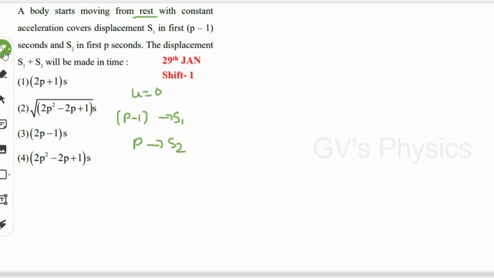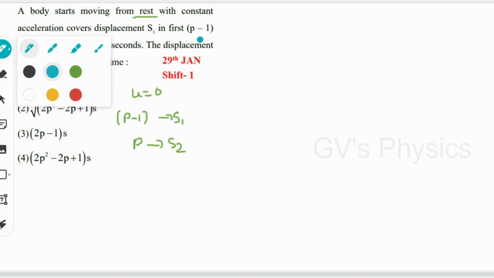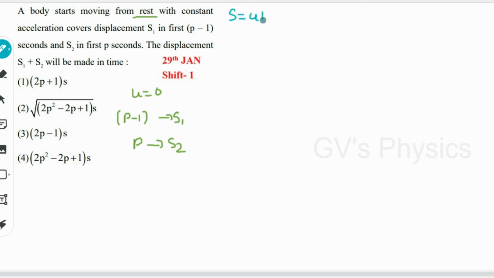Now we'll take the equation. We'll take the second equation of motion because they have given the time and displacement relation. So we can take S is equal to ut plus half at square. It starts from rest, so initial velocity is 0, so this term will go to 0. We'll substitute the condition in the displacement S1. The time is p minus 1.